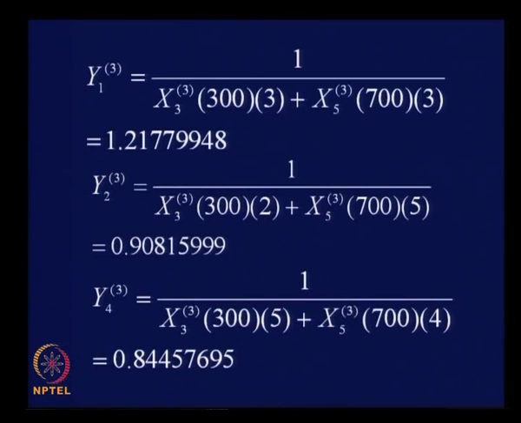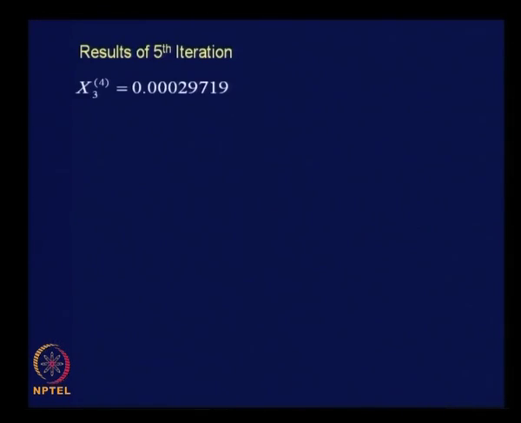On completion of fifth iteration and sixth iteration, you may get a set of values for the xi's and yj's. I will just show you the result of fifth and sixth iterations.